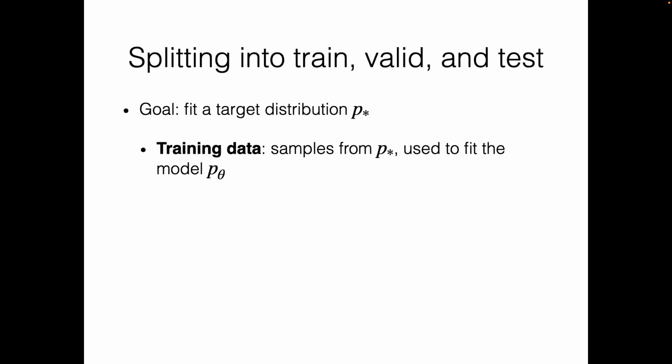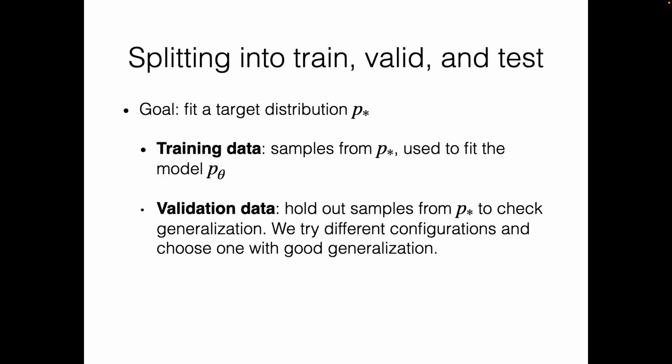Then, as I discussed earlier, you can view the training data as samples from this target distribution, and you use these samples to fit your model P theta. But we actually don't want to just fit the training data. We want the model to generalize to new data, right? You don't want it to just memorize the training data and then be useless on everything else.